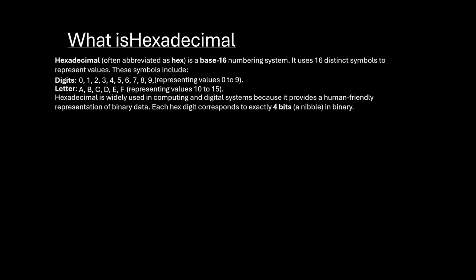To avoid that confusion, 11 is represented by B, and 15 is represented by F. So that is the reason we use alphabets to represent numbers: 10 by A, 11 by B, till 15 by F.